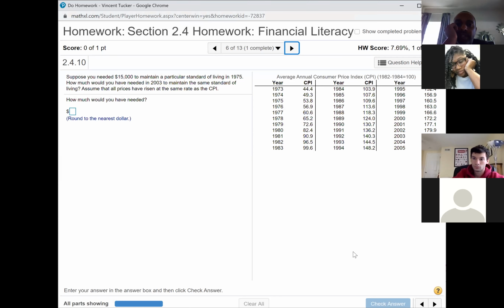How much would you have needed in 2003 to maintain the same standard of living? Assume that all prices have risen at the same rate as the CPI. All right. So we're looking at 1975 to 2003. We'll come back to the chart. I want to show you how we're going to set this thing up.